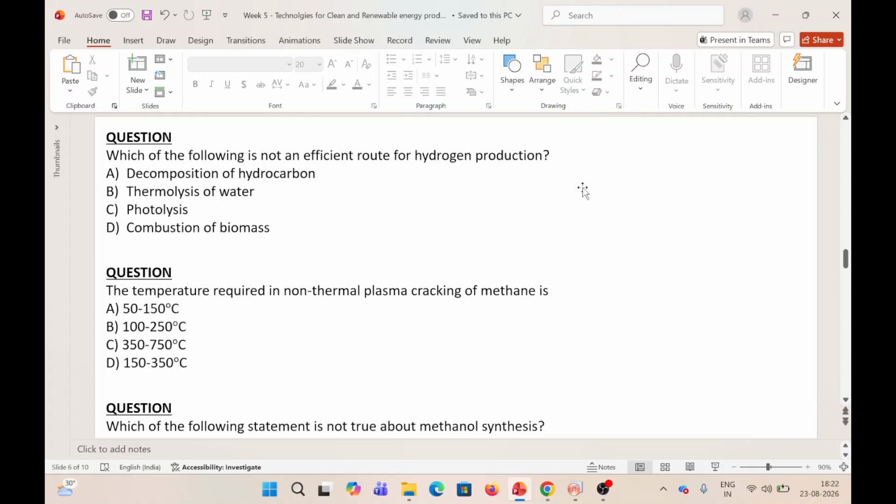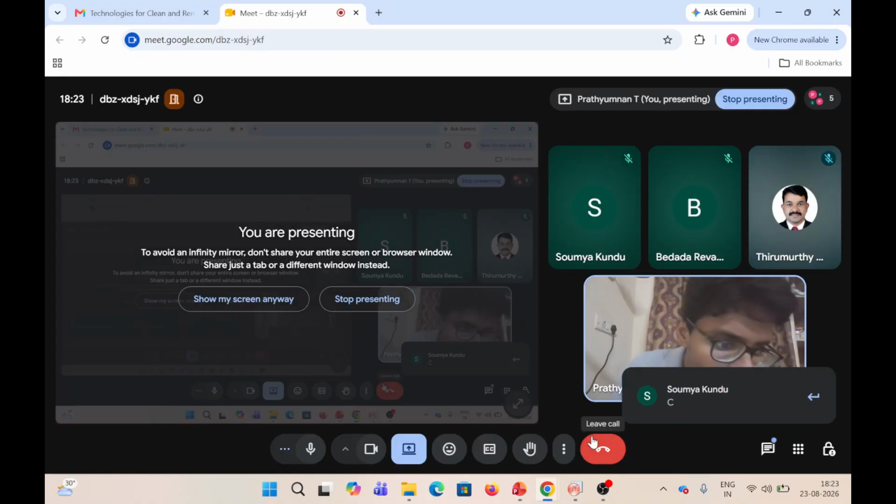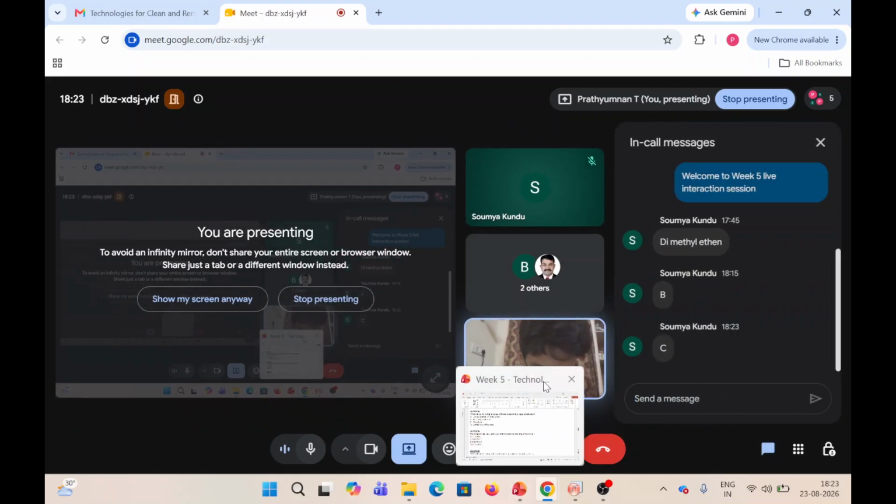So lysis means breaking, and the prefix describes the process in which the breaking has occurred. Option C, photolysis. Okay.